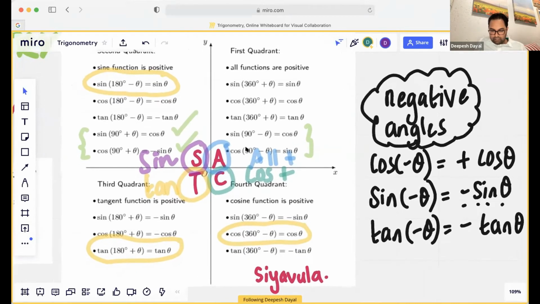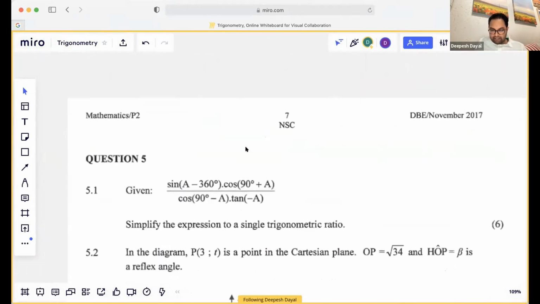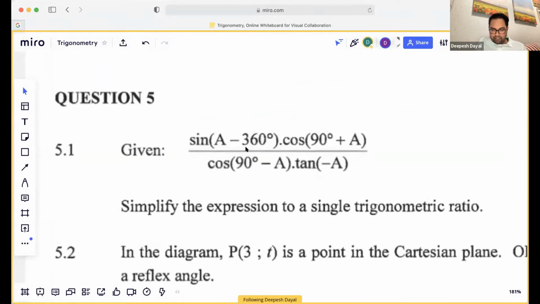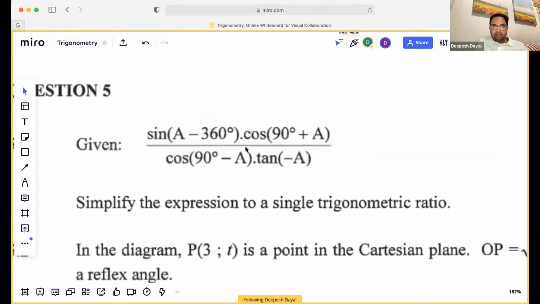Okay, so I'm going to let you do the hard work in this first one. This is from the 2017 DBE paper. And we've got this question here. It says, given sine(A minus 360) cos(90 plus A) cos(90 minus A) times tan(minus A). Simplify the expression to a single trigonometric ratio.